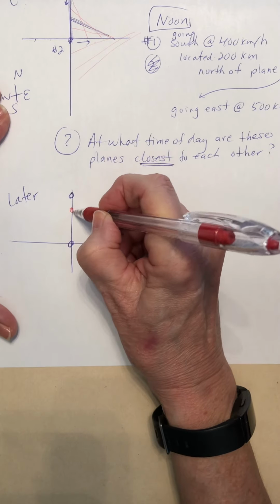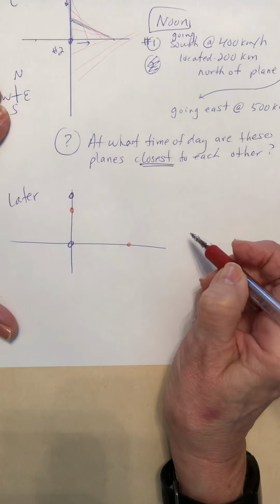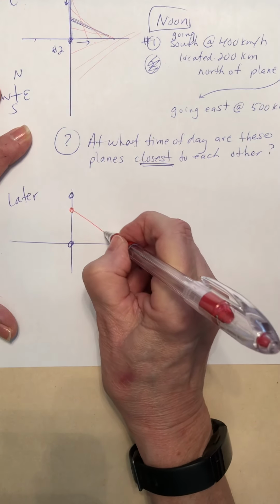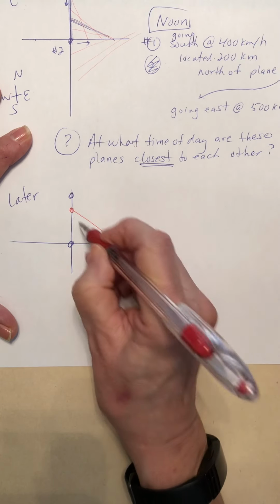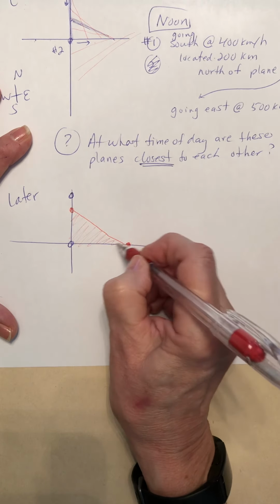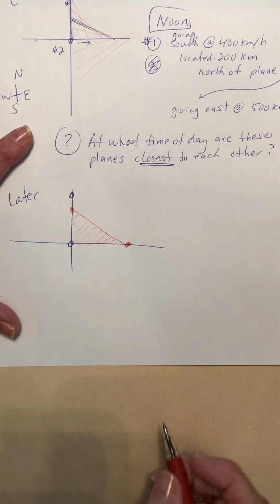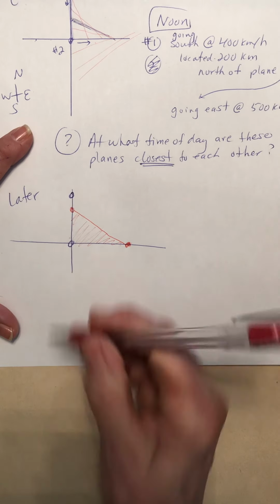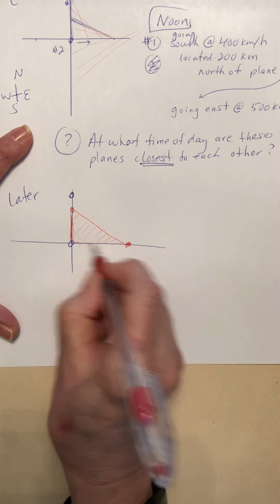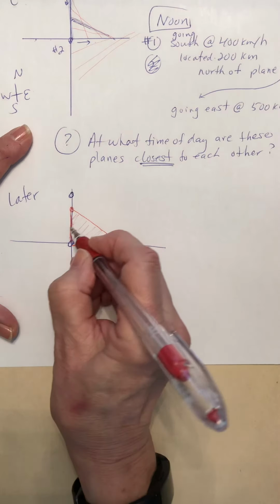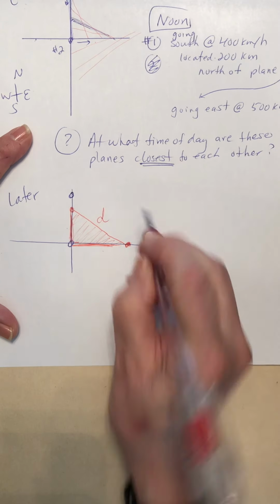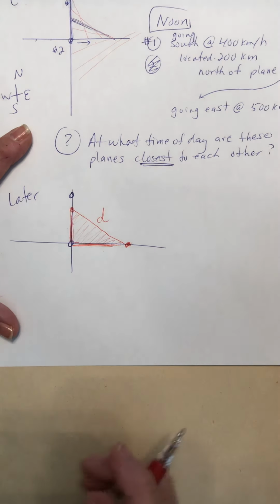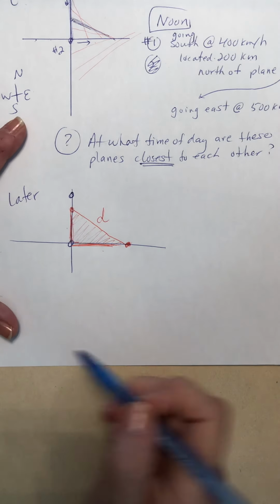This one is maybe here, and this one is maybe here. So at this situation, I have a triangle. So we're back to where we were in our first example. I need this distance, and I need this distance, and I will use the Pythagorean theorem and square it to get that distance. And I'm going to try and minimize d, the same way we previously did.